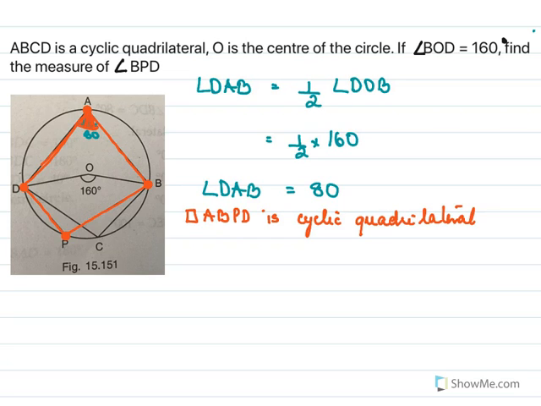Therefore angle A plus angle P will be 180. So A plus P equal to 180. So we know A was 80 plus P is 180. So P will be 100. So this angle will be 100. So BPT equal to 100 degrees.